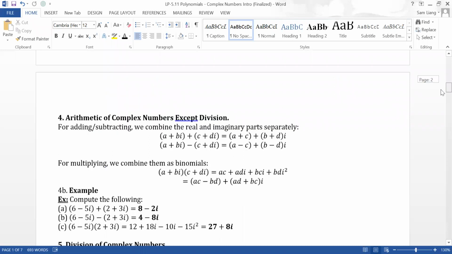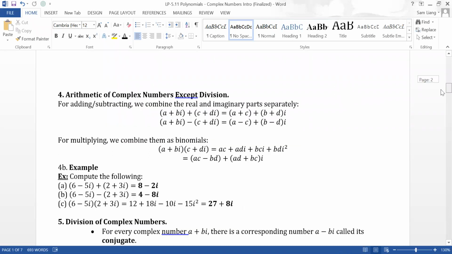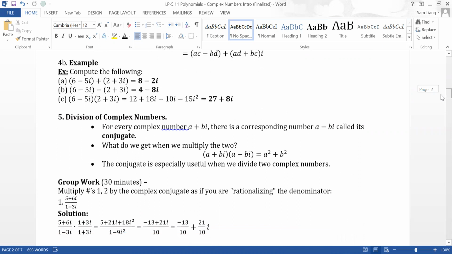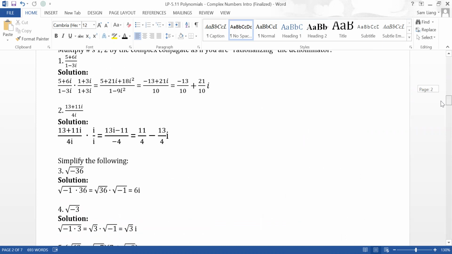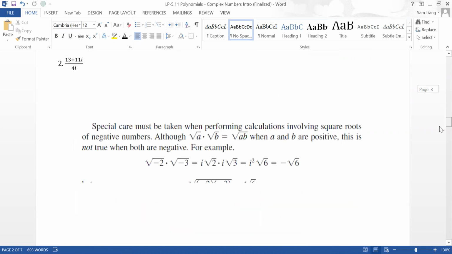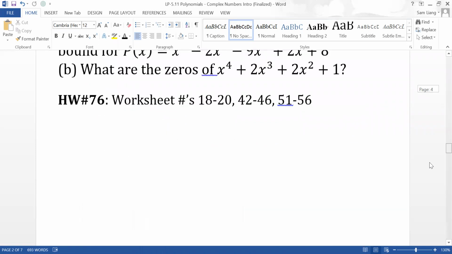The next part is some rules regarding arithmetic of complex numbers, and then some examples. And then lastly, we'll talk about division of complex numbers and some more follow-up questions. Okay, so let me go to the slide for that first definition.